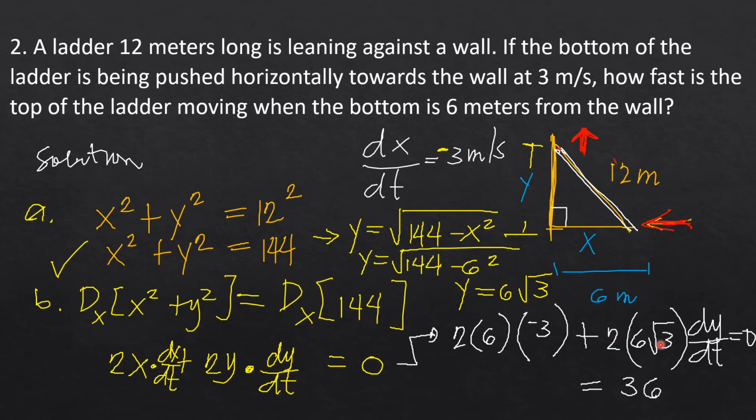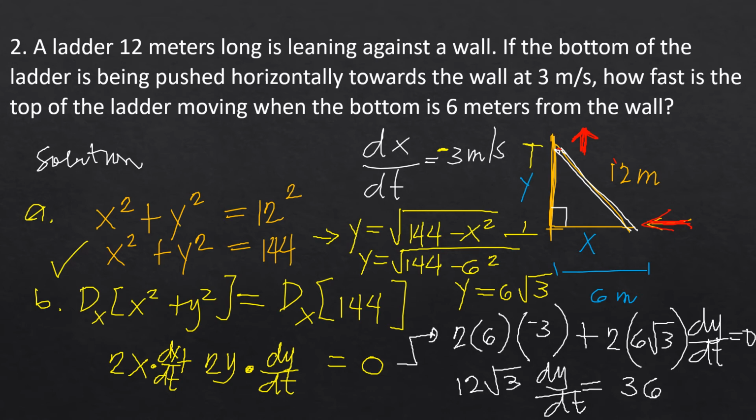Next, we have 2 times 6 is 12. 12 square root of 3. Dy over dt. So we have 12 square root of 3 dy over dt. So from that, we're going to divide both sides by 12 square root of 3. And 36 divided by 12 square root of 3 for us to get dy over dt.